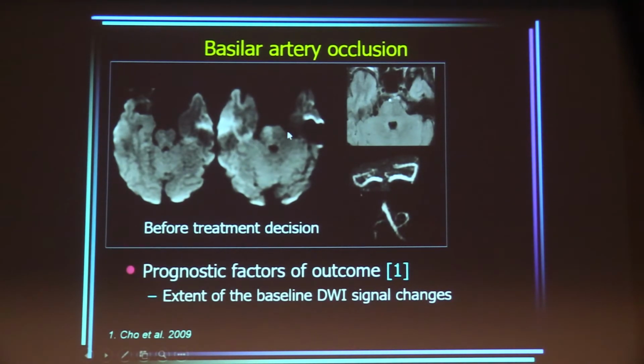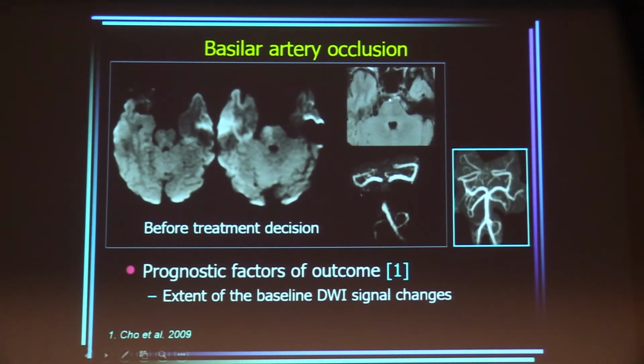Probably in the future, if we scan patients with a large lesion on diffusion with basilar artery occlusion, the treatment might be considered futile. Here the lesion is limited, it's not very bright on diffusion, we are very early, there is an occlusion of the basilar trunk. You can see also a bright signal on FLAIR, and this is the MR angiography after treatment. So probably there will be some scheme whether to treat or not based on diffusion in the years to come.